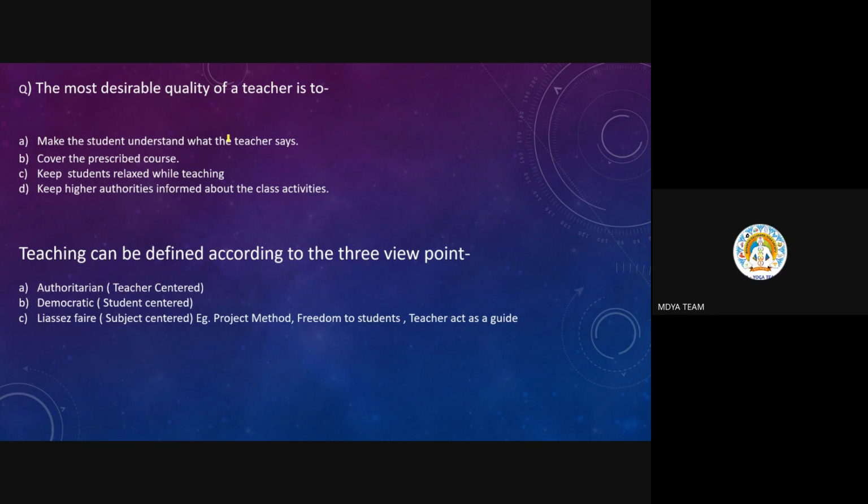Okay. Next question. The most desirable quality of a teacher is to... Read the options and answer. Ma'am, first, A. I'm confused between A and C, ma'am.